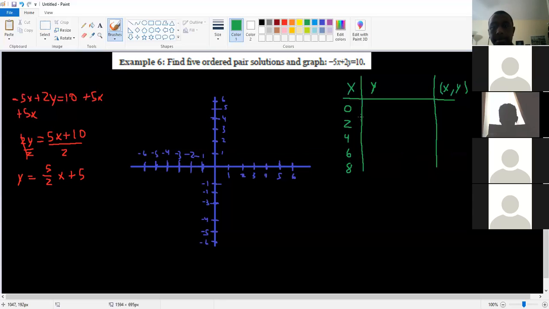And then I just plugged it in. So the good thing that you did is you used intervals of 2 so that you can cancel out this fraction. So 5/2 times 0 is 0. 0 plus 5 is 5.